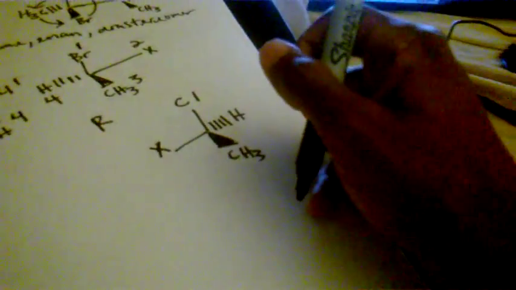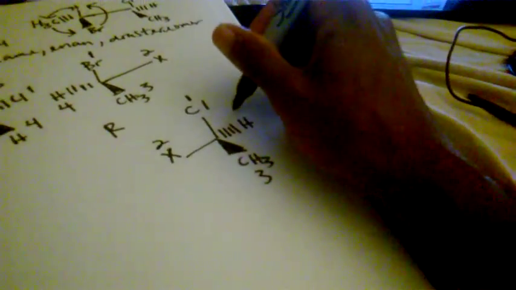The naming priority is the same: 1, 2, 3, 4. We see that we're moving counterclockwise with the hydrogen facing away from us. This is S. So on this side we got R and S, and on the other side we got R and S.